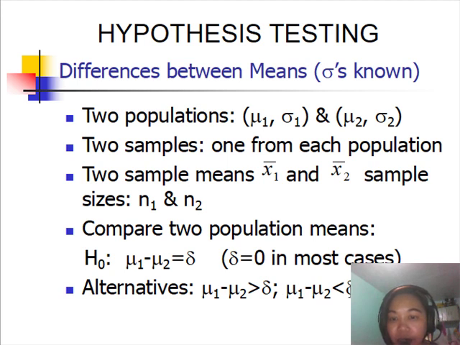And if your hypothesis value of the mean is less than delta, we say that mu sub 1 is less than mu sub 2 when we set delta to be equal to 0. And we say that mu sub 1 is not equal to mu sub 2 when delta is set to 0.